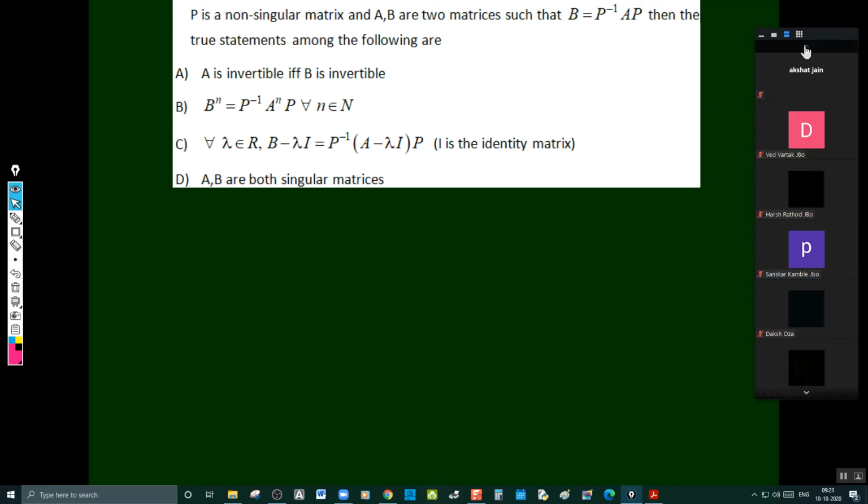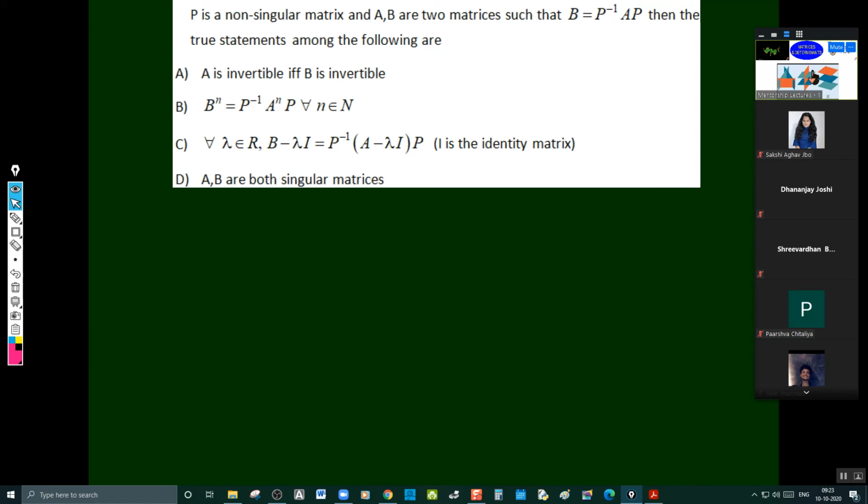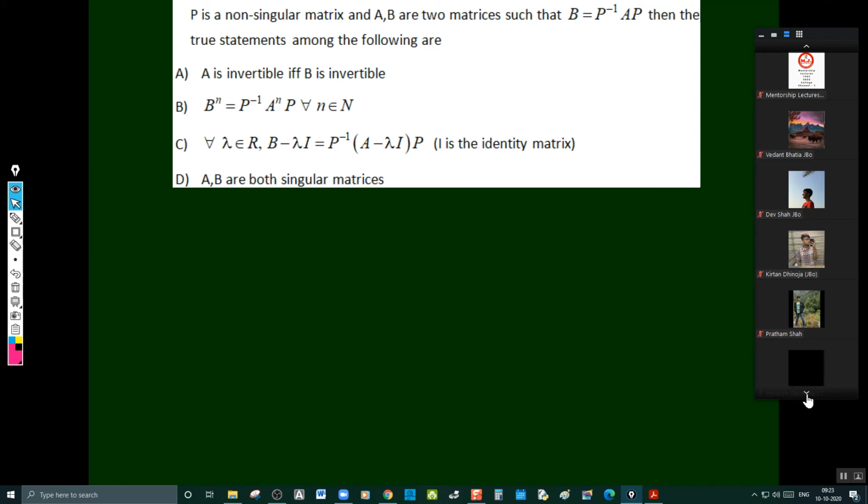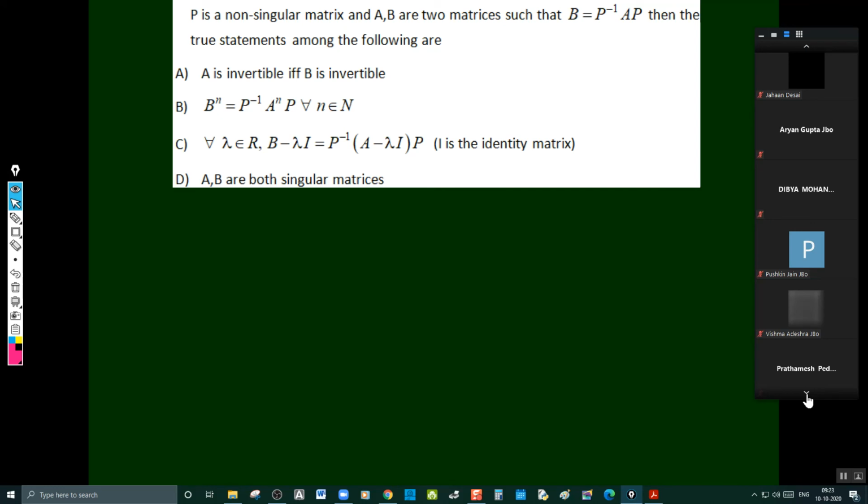Priyanshi's name is not visible here. Yes, the name is not visible. P is visible. Priyanshi not seen. Daksha is mute. Divya Mohanty. Yes, sir. Speak, beta, once.